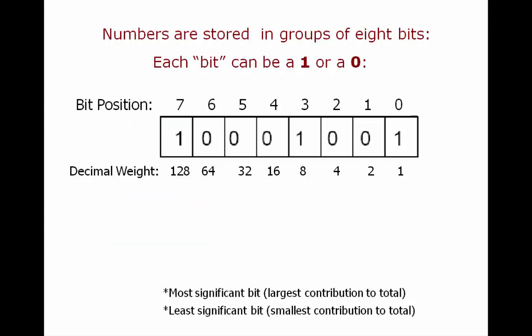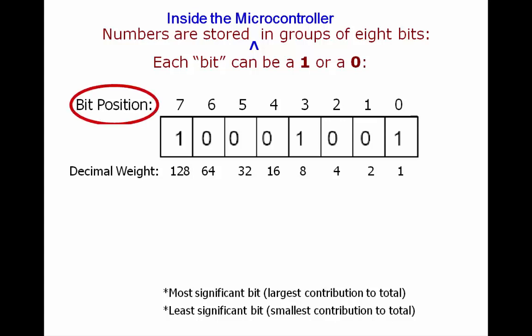Numbers in a microcontroller are stored in groups of 8 digits, or bits. Each bit can be set to a 1 or a 0. Each of the bits in a word has a bit position, and each bit position carries a weight that increases from right to left. These numbers are stored inside the microcontroller.